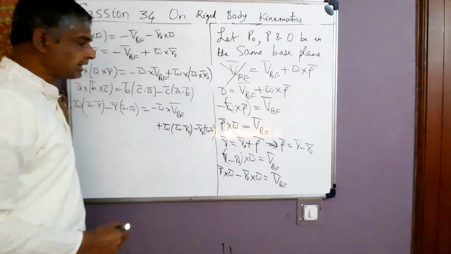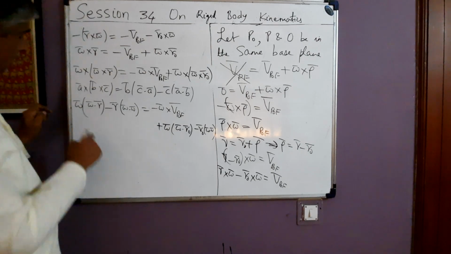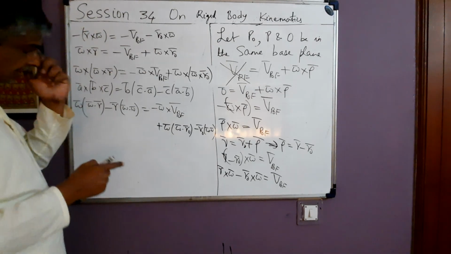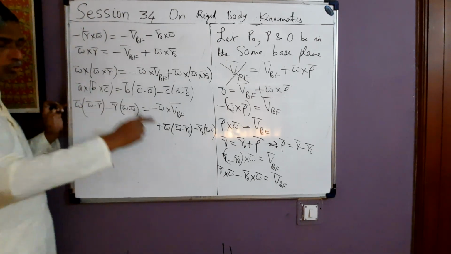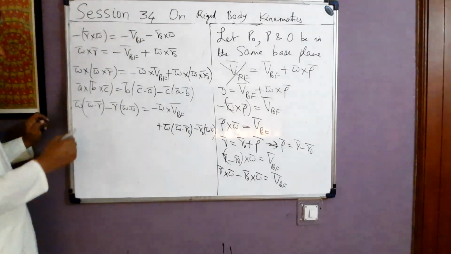Now we have assumed that r is the vector from O to P naught, O to P, IC.